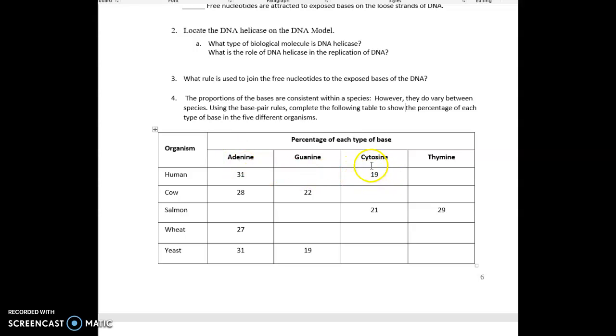And 19% is made up of cytosine, the C's. Well, that's all the information you need to fill in what percent would guanine be and what percent would thymine be. So let's see if you can talk this through with your partner, figure out what it's asking you to do there. And then we'll come back and go over the answers.